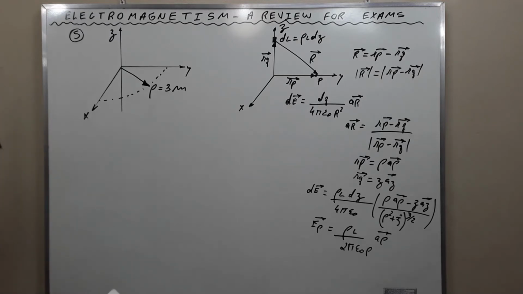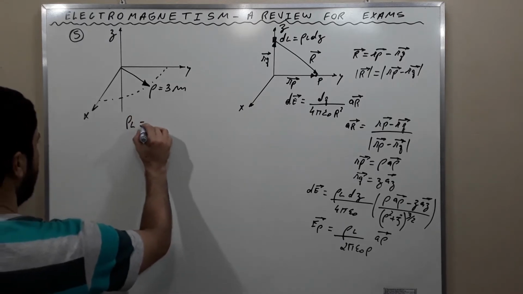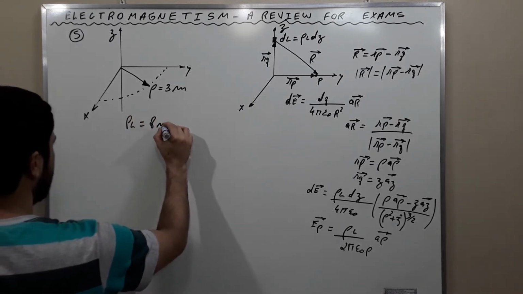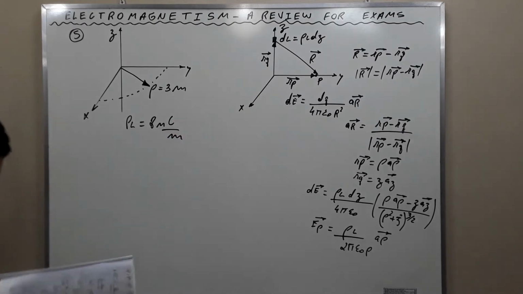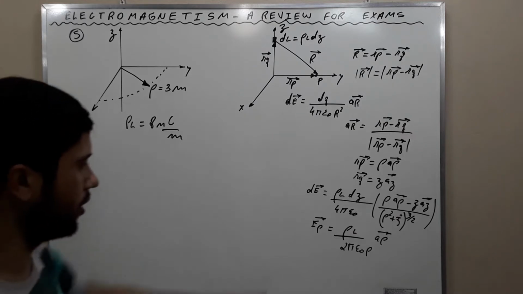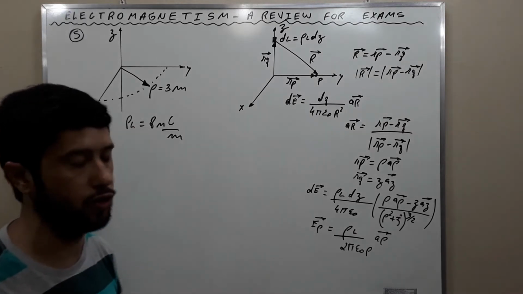3 meters away if rho L is equal to 8 nanocoulombs per meter. Alright? And we are simply going to use this expression here that I just demonstrated to you.